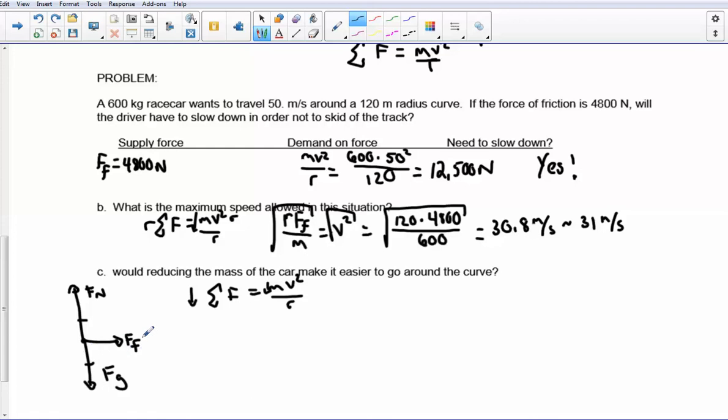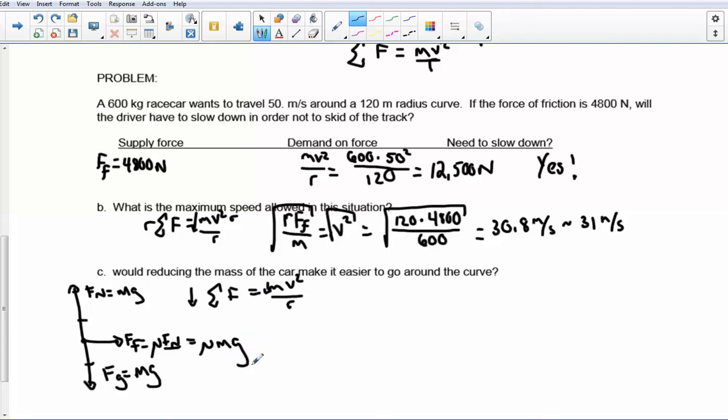This is what allows the car to make that right turn, and we calculate it by mu times the normal, the fun equation. But if the force of gravity is mg, then the normal is also mg. If we put mg in for the normal, friction becomes mu mg.